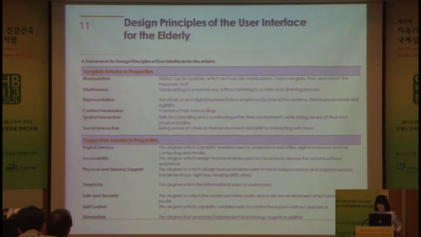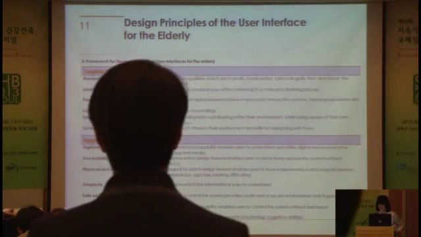This framework is composed of two categories: tangible interface properties and supportive interface properties. And the first category has subcategories: manipulation, intuitiveness, representation, context awareness, spatial interaction, and social interaction.